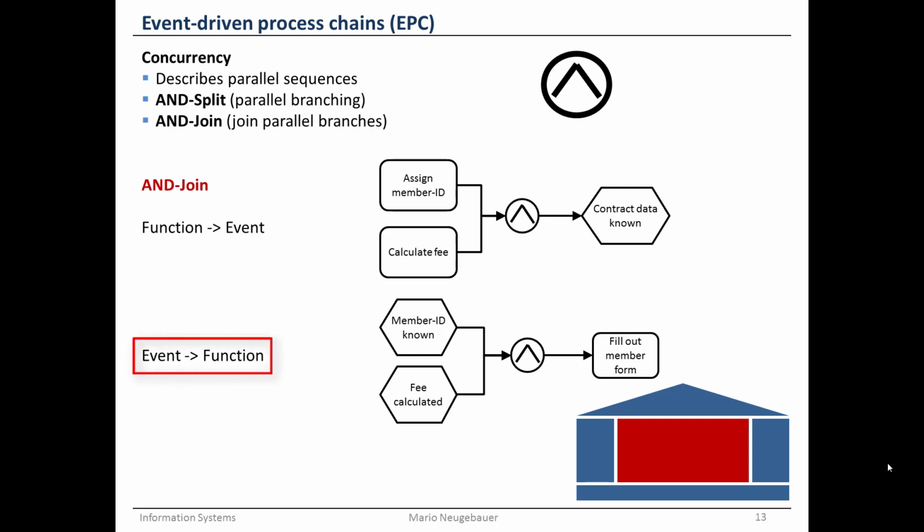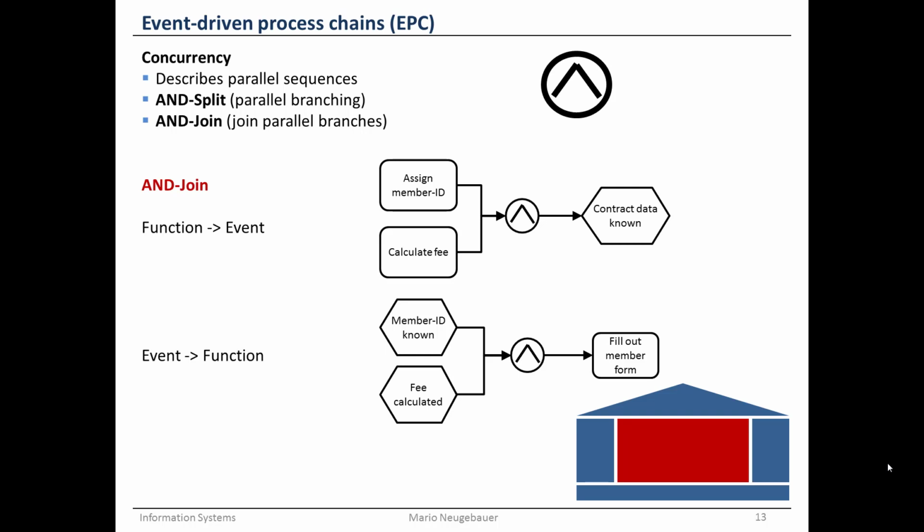The second possibility would be that you arrive with events at such an AND join. Here in the lower example, the member ID is known, that's an event, and the fee is calculated. You finish the calculation of the fee. Maybe just a different method to describe the same what is described in the first example.